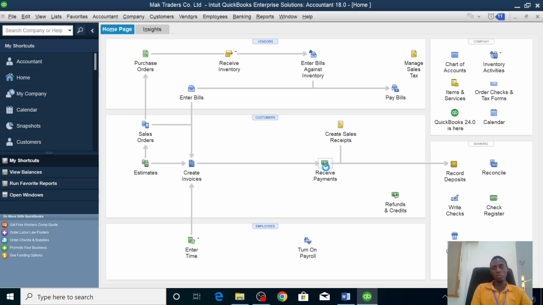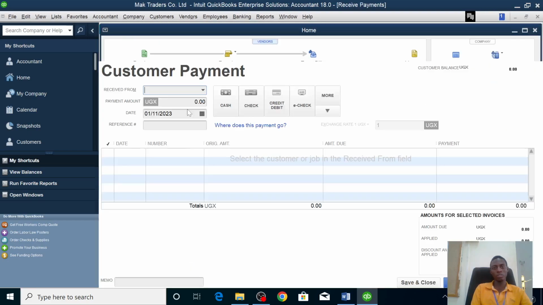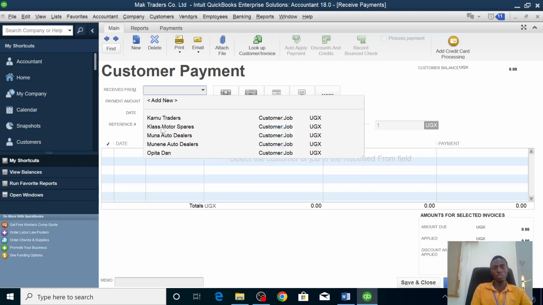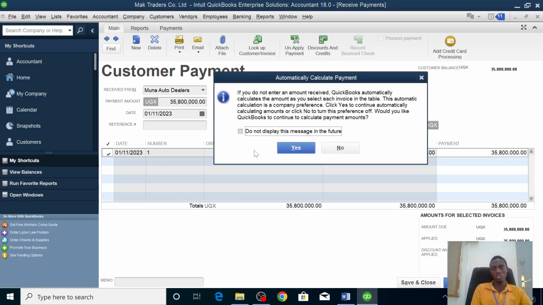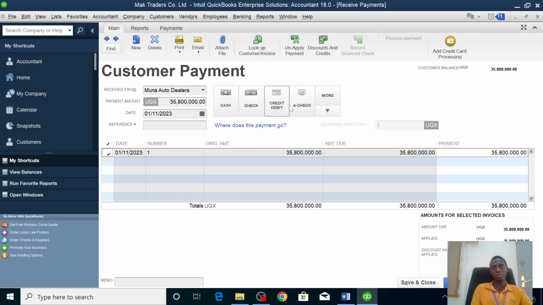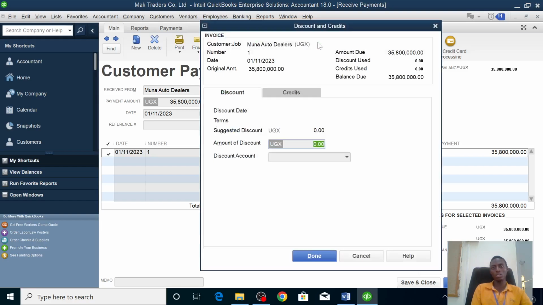Come and receive the payment immediately, so I can go on with my discount. From Muna Auto Dealers, I select yes. Okay. The payment is check. Then move to discount. Discount was provided with 2%, only 2% discount.